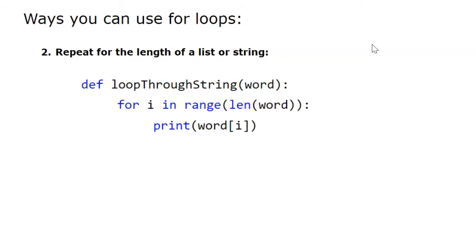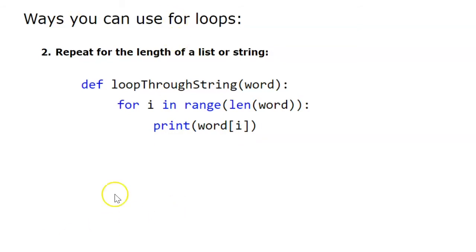So when we use something like i in range(len(word)), i is going to start at 0. Say it's a word that has 10 characters, then it would start at 0 and go up to 9. Then if we print word[i], we will first print word[0], which is the first letter of the word, then word[1], which is the second letter, etc.